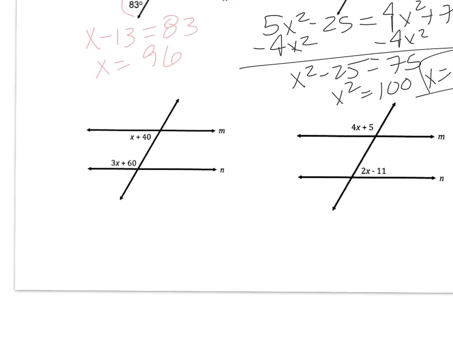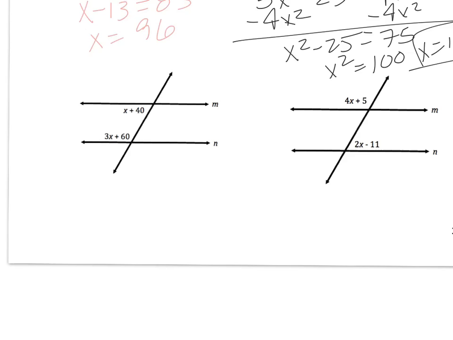Two more examples. Looking at the relationship between these two, this is what I call same side interior. Being that they're on the same side of the transversal and on the inside of the parallel lines, I happen to know that these two angles are in fact supplementary.